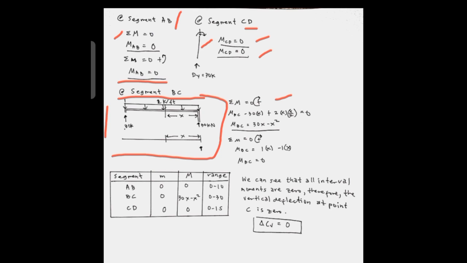So since we cut at a distance x, our MBC here is equal to 30 times x, our distance, minus 2 times x over 2, since it is half of the distance for segment BC. Here we can get our internal moment in the real system is equal to 30x minus x squared.